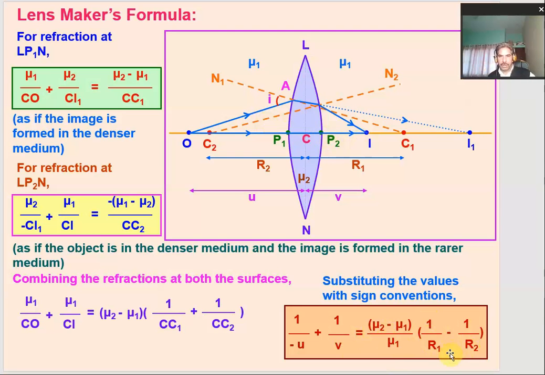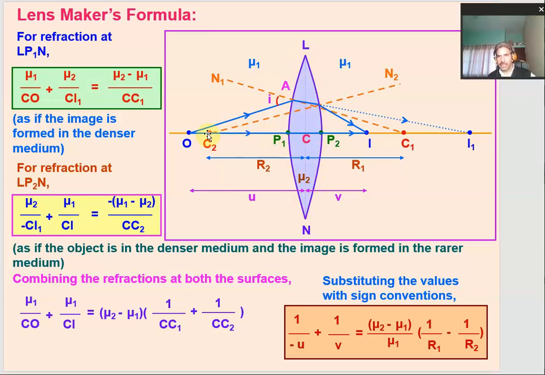Okay, so before we proceed further, I want to once again mention what we have done here. So here is a lens which is nothing but a glass medium enclosed by two convex surfaces, so it forms a convex lens.